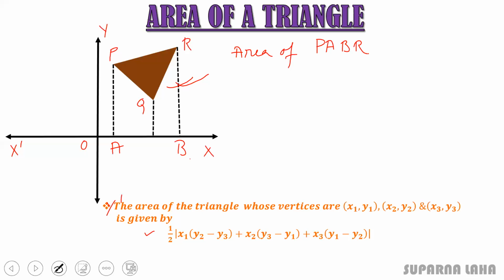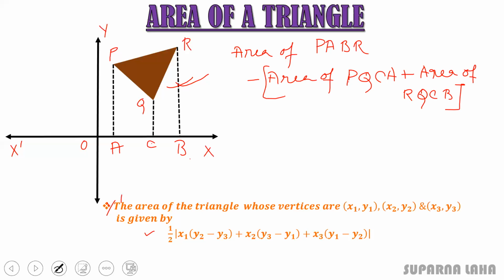This is a quadrilateral, and then subtract the area of PQCA and area of RQCB. Just subtract the addition of these two areas, you will find the area of this given triangle PQR. Okay, so this is the formula.